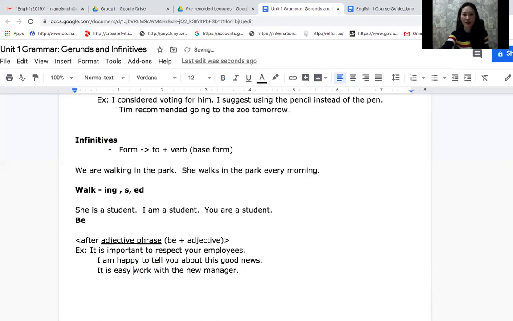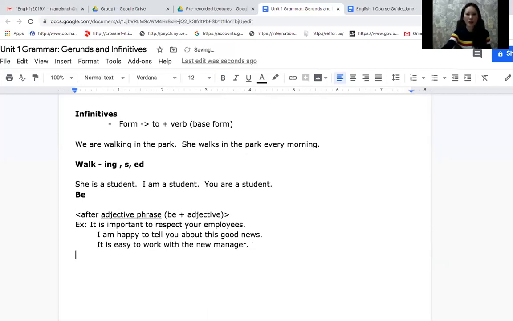We cannot say "it is easy working" because we don't use gerund in this kind of form, because we have this adjective phrase. When you say it is easy, it is easy to do what? To do what? So "to work" is the infinitive. Base form, so we don't add ing. Okay, so that's infinitive.